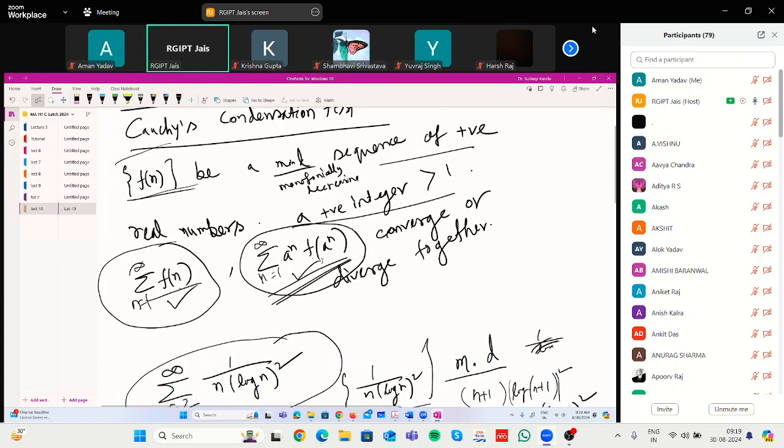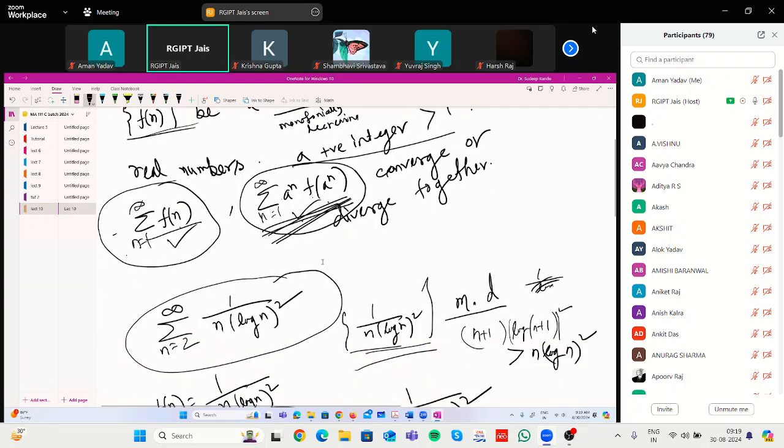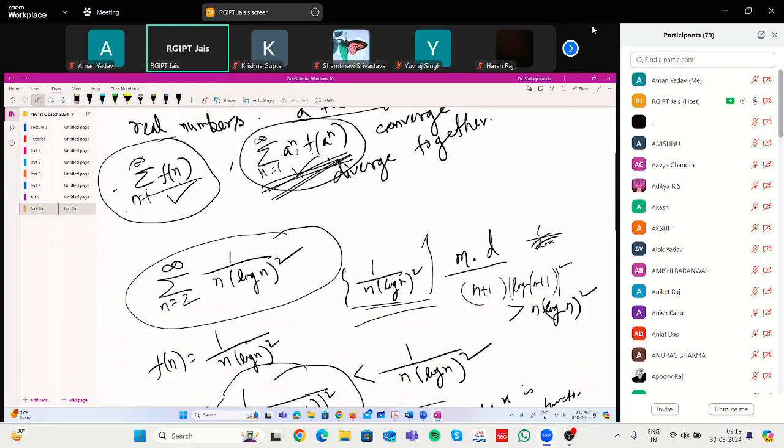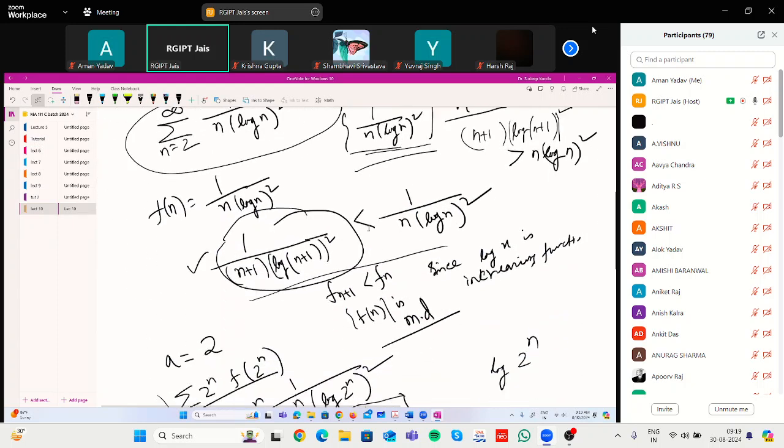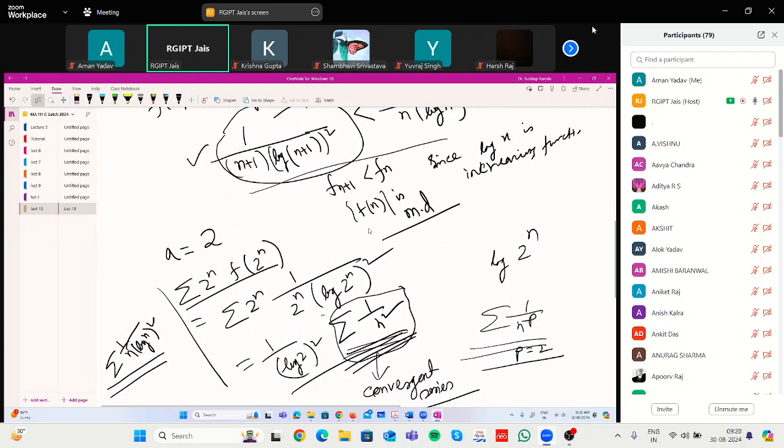Now you have to check whether this series converges or diverges. If it converges, then your original series will converge. If it diverges, then the original series will diverge. So you are checking the series 2 to the power n times f of 2 to the power n.